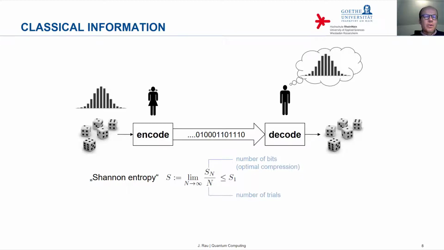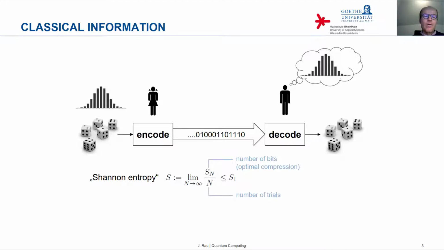But she can simply flip a coin, say if it's heads, she sends a 1, if it's tails, she sends a 0. Yeah? So in that case, the Shannon entropy is equal to 1. So for each trial, for each coin flip, she needs 1 bit. Let's consider another random experiment where each experiment is the simultaneous flip of r coins.